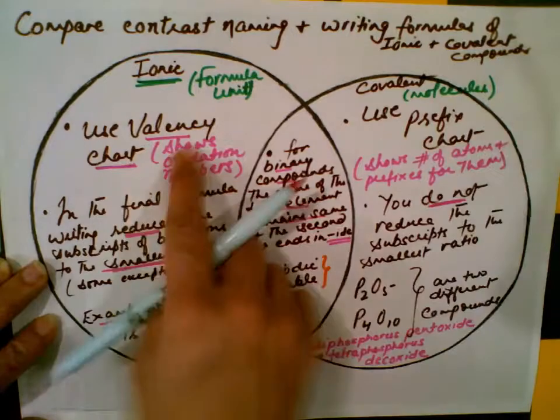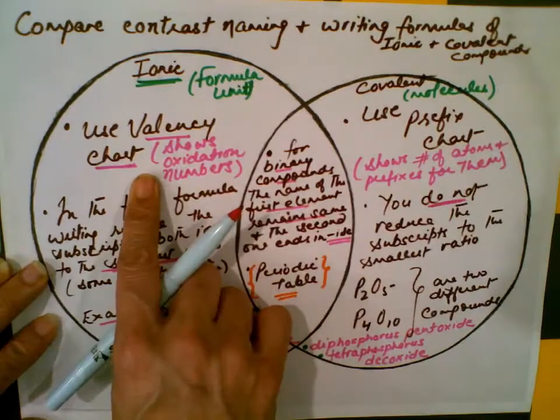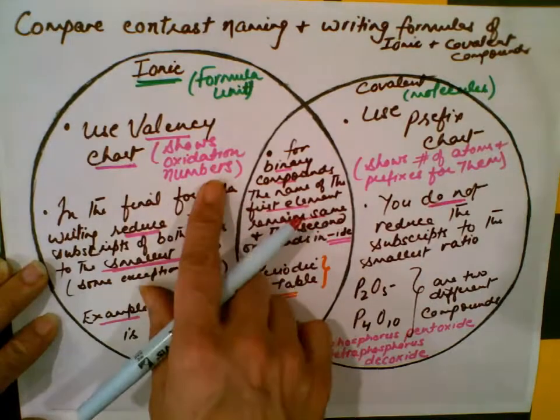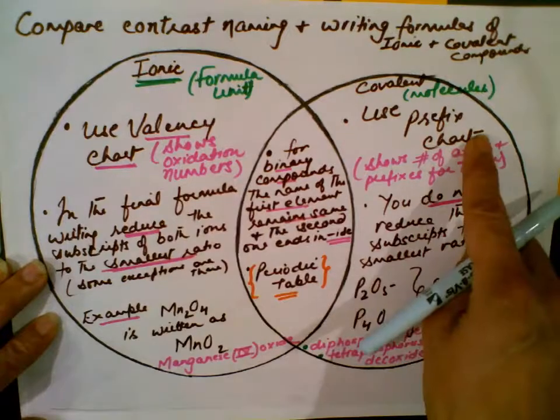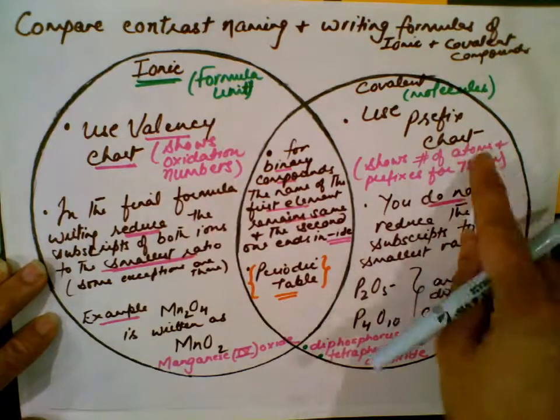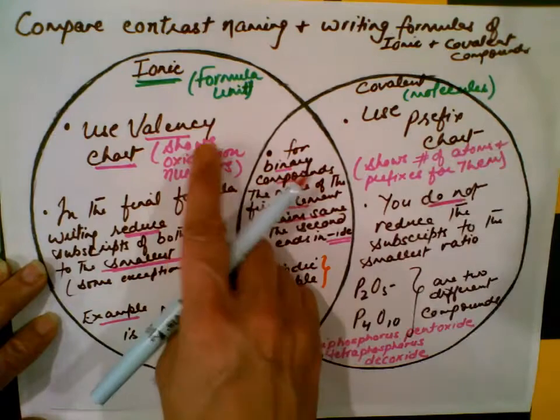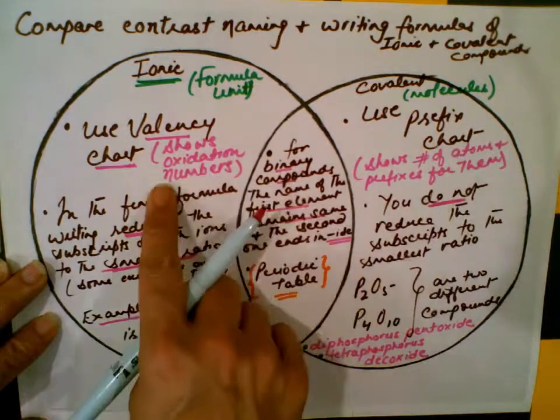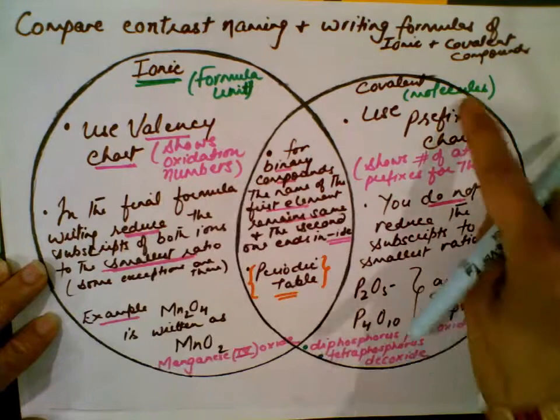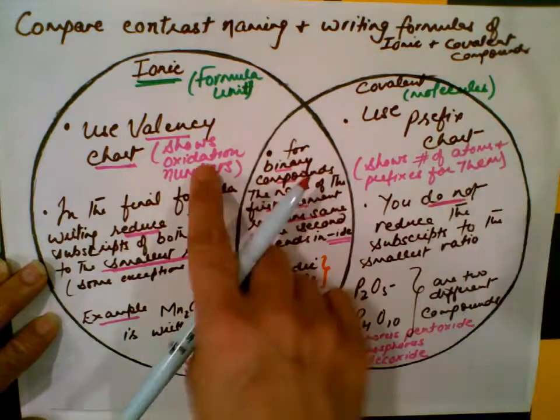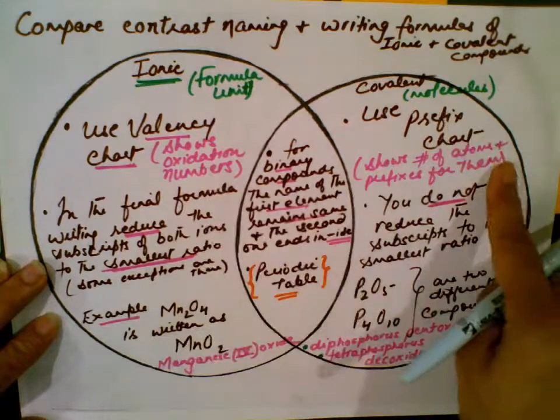So you use the valency chart for ionic compounds, and the valency chart shows oxidation numbers. You use the prefix chart for covalent compounds. So we do not use the prefix chart for ionic. We do not use the valency chart for covalent. Okay, for ionic use valency chart, for covalent use prefix chart.